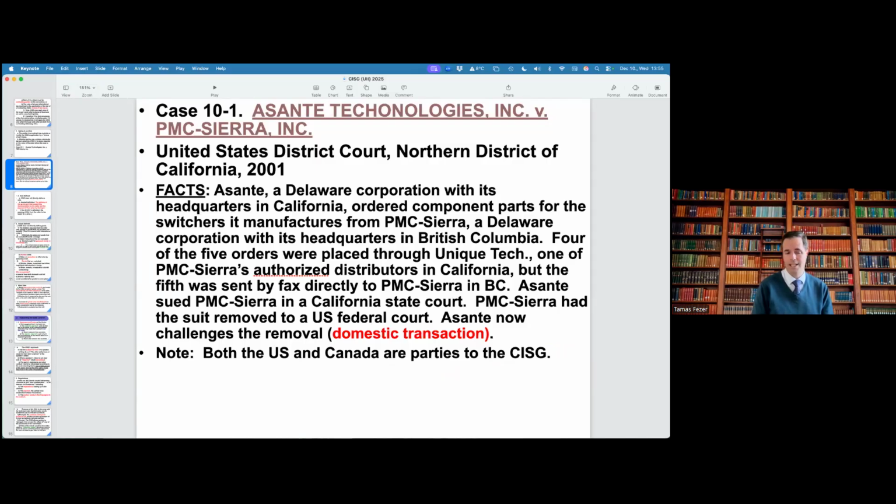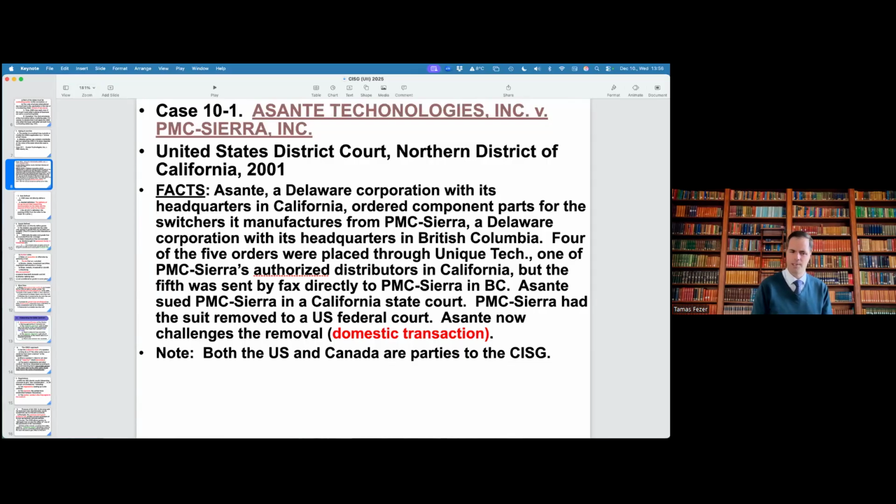Now, because Asante is a Californian company headquartered in California, getting most of the products from a Californian warehouse, it believes that this is a fully domestic Californian matter, so it sues PMC in a California state court. Well, PMC contests this argument and it manages to remove the lawsuit to a US federal court, claiming that this is an international dispute, and therefore a California state court has no jurisdiction to hear the case.